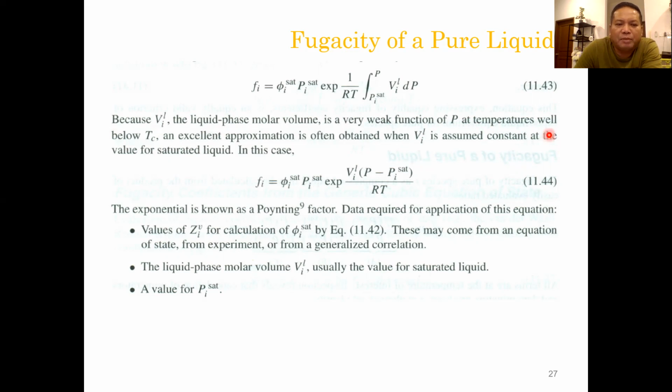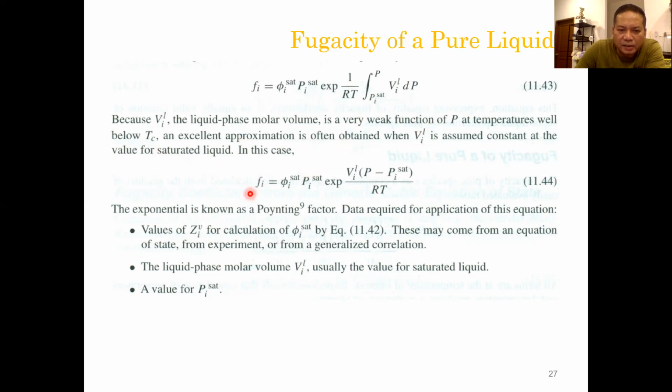At a temperature well below the critical temperature, pressure will not have much effect. So an excellent approximation is obtained when the liquid volume V i is held constant at the value of saturated liquid.